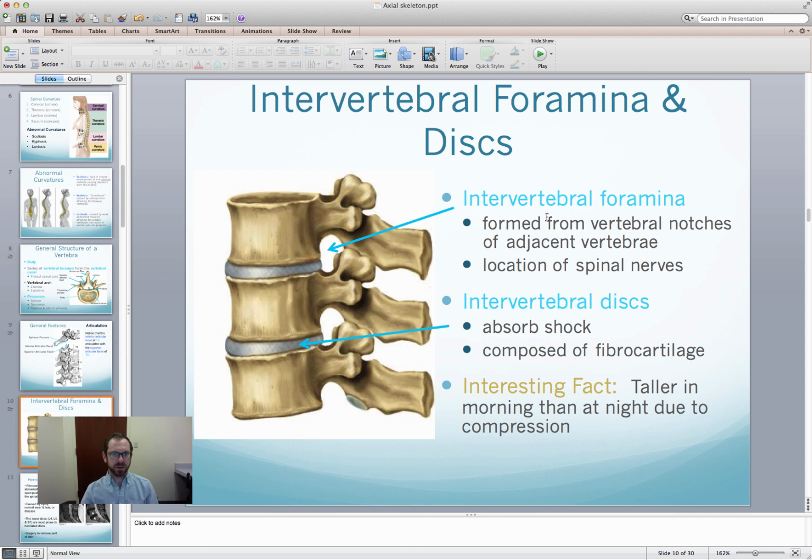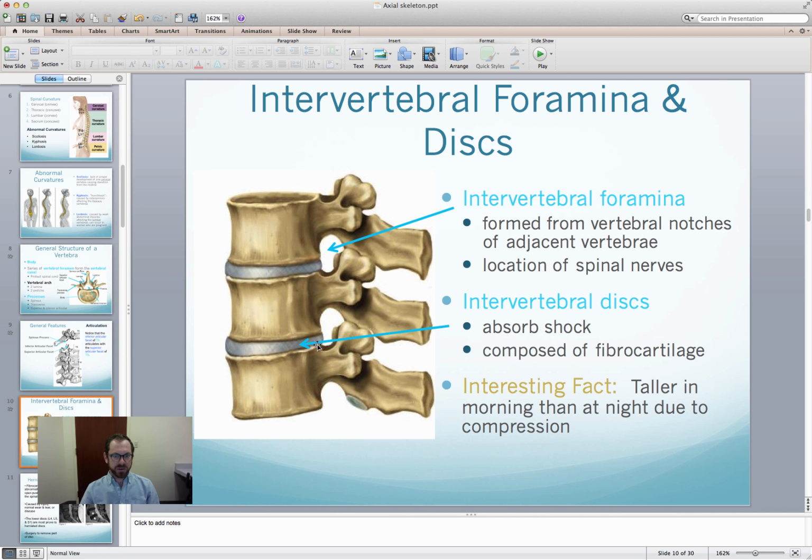When these vertebrae articulate and stack onto each other, we form this intervertebral foramen. And in general, the spinal column is going to extend down through the main vertebral foramen, and then you're going to have these peripheral nerves extending out from the spinal column, and this is how they're going to extend out to other parts of the body through this intervertebral foramen.